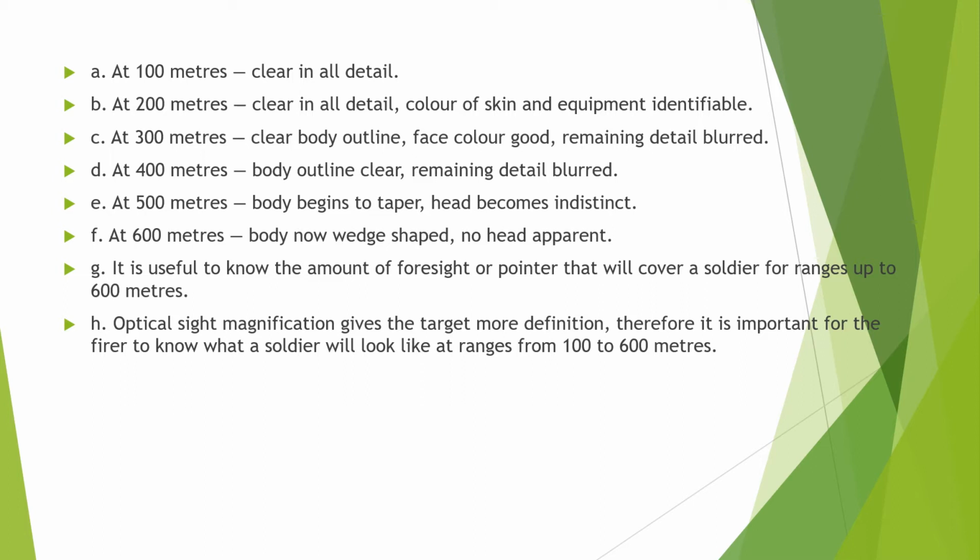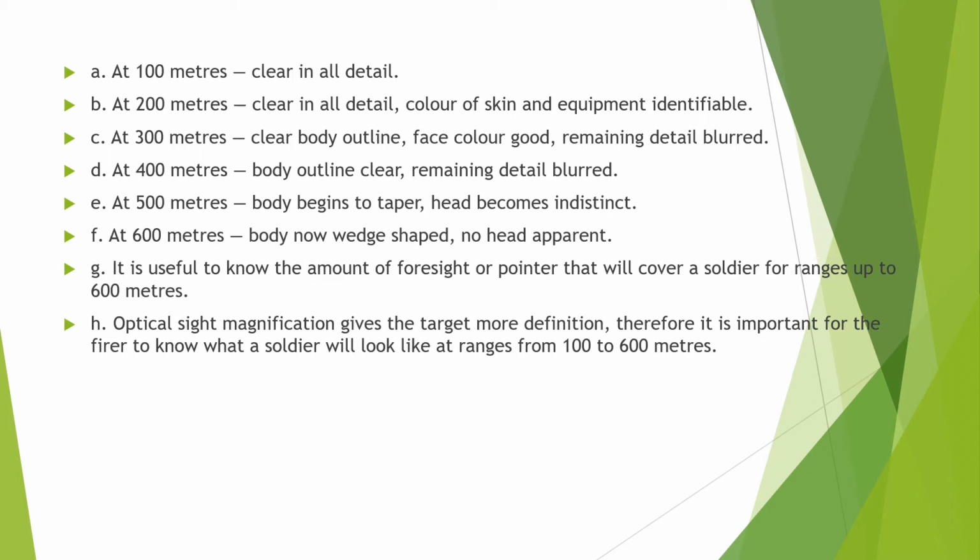At 200 meters, clear in all detail, colour of skin and equipment identifiable. At 300 meters, clear body outline, face colour good, remain in detail, a bit blurred now. At 400 meters, body outline clear, remain in detail, gets quite blurred at 400 meters.